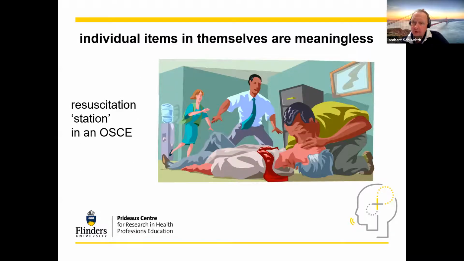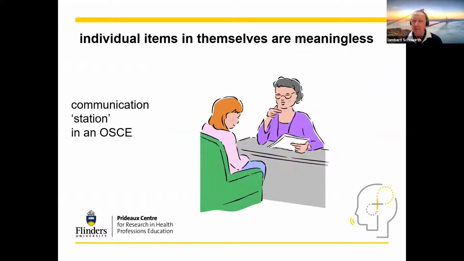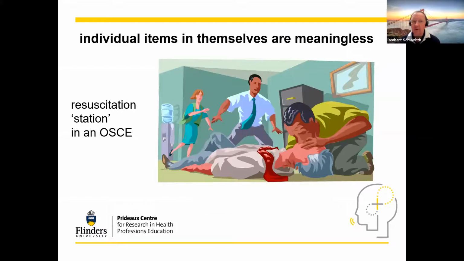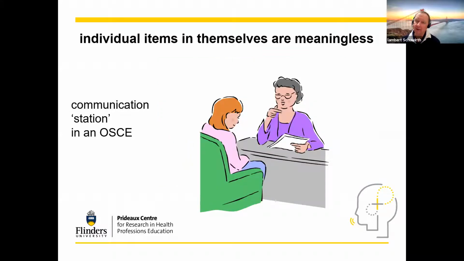But in an OSCE station, in a clinical skills examination, in a station-based examination, John does well on a resuscitation station, but very poorly on a communication station, and therefore gets on average 50%. Jill does very poorly on a resuscitation station and very well on a communication station and also gets 50%.